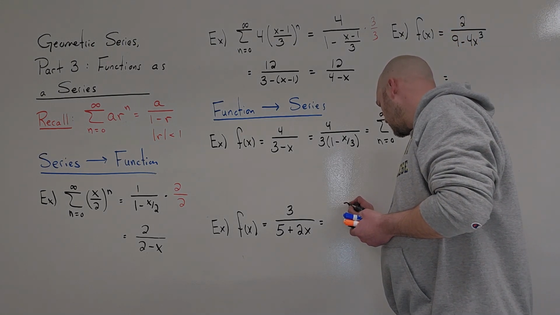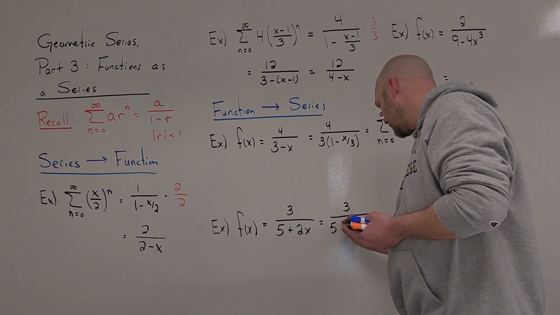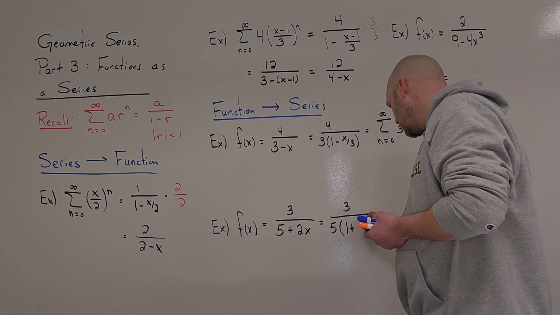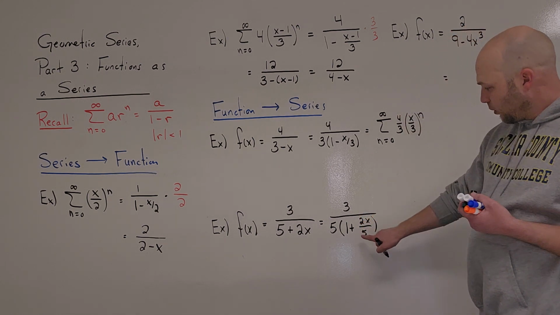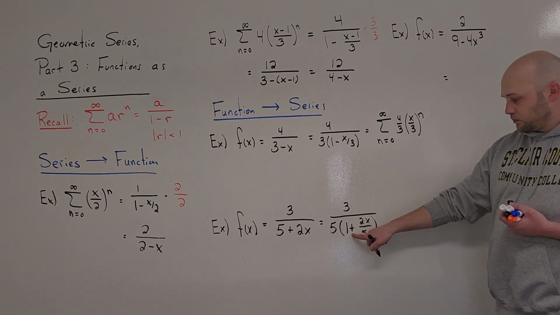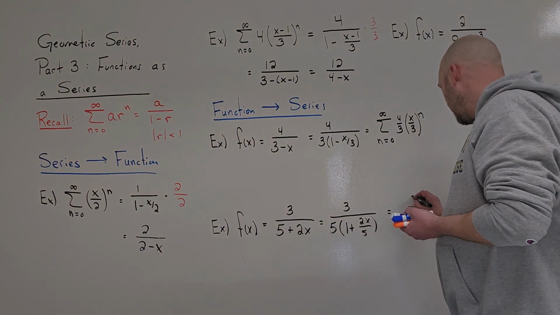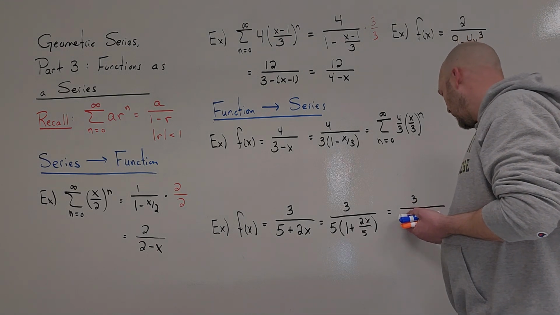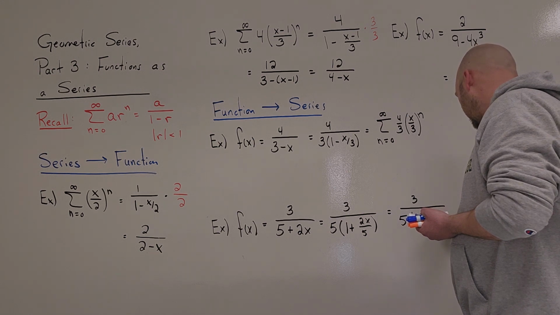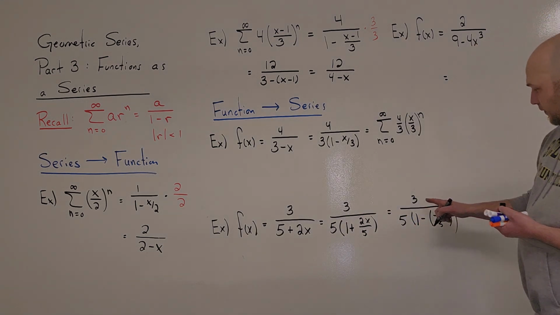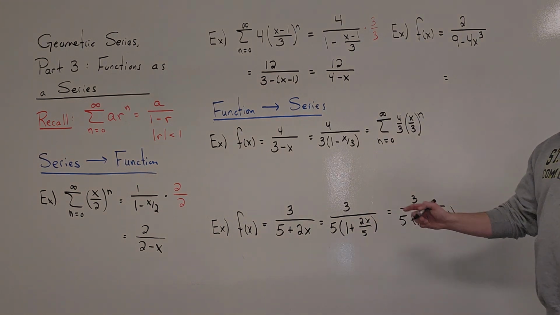I'm going to start by factoring out the 5, giving me 5 times 1 plus 2x over 5. Then in order to change this to a minus, I'll just put a minus here and a minus here. This would give you 3 over 5 times 1 minus negative 2x over 5. I could take this 1/5 and put it up here, or I could just put it out front, it doesn't really matter.